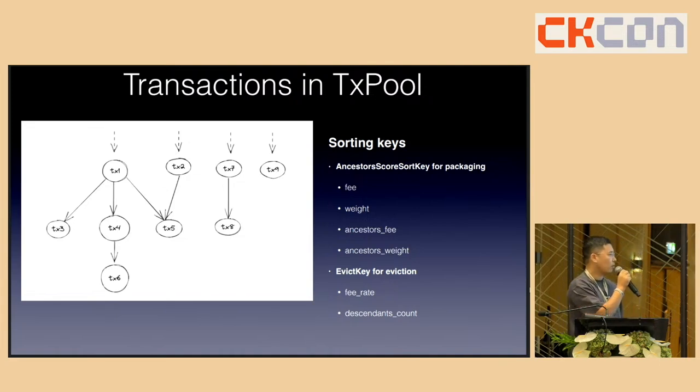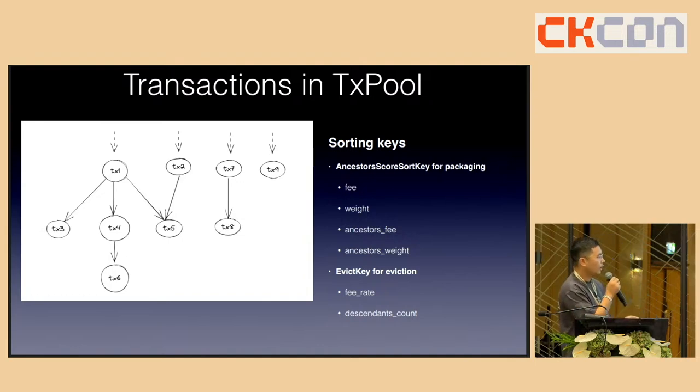Another important operation is eviction, because we want to limit the size of the transaction pool, so we set a maximum size for this pool. When there are too many transactions in the pool, we select some transactions to be removed from the pool.